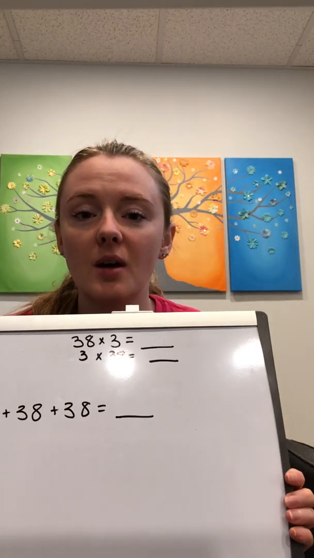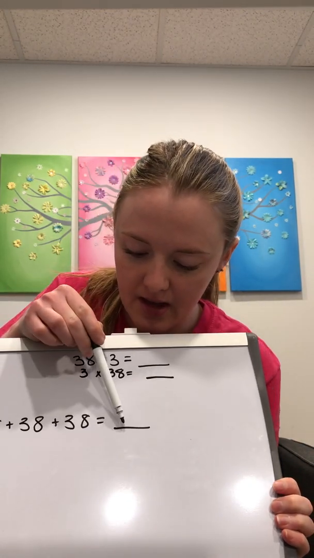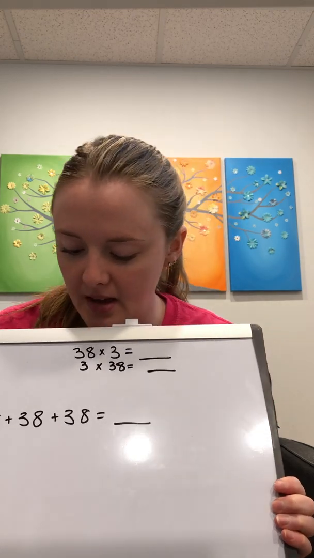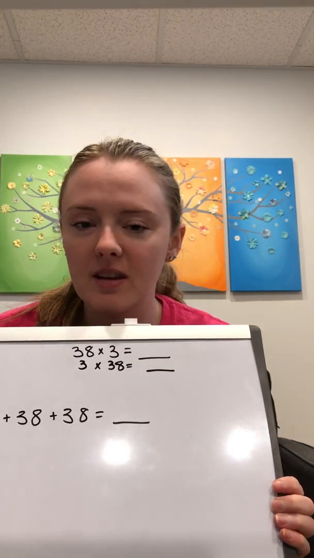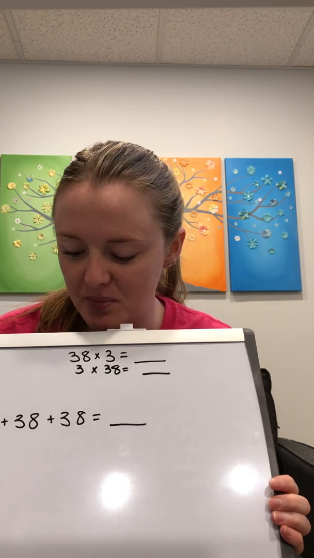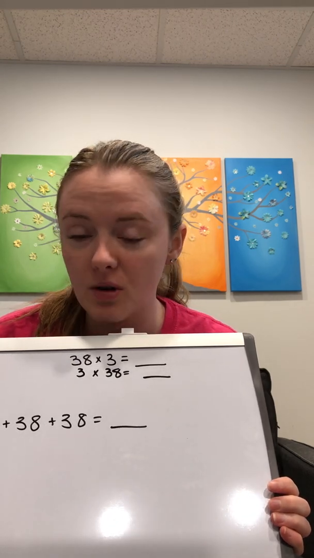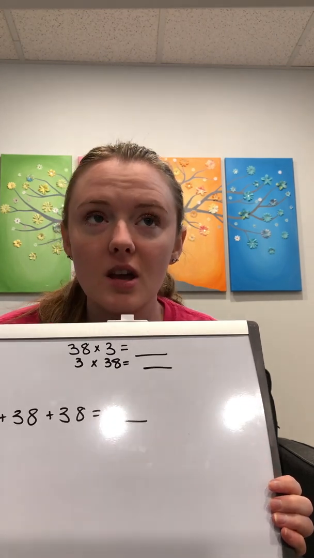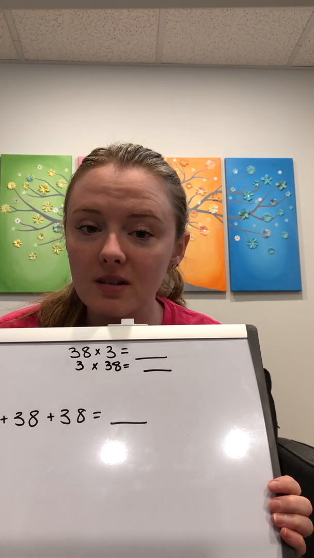So 38 plus 38 plus 38 equals the same thing. Now I need to think back to our adding strategies and pick one. The algorithm would work really well for this. You could also use the number line strategy.